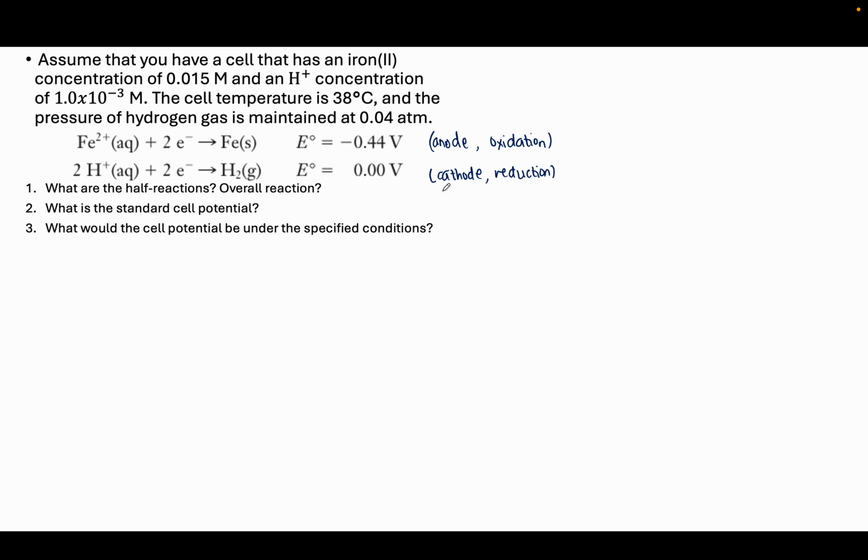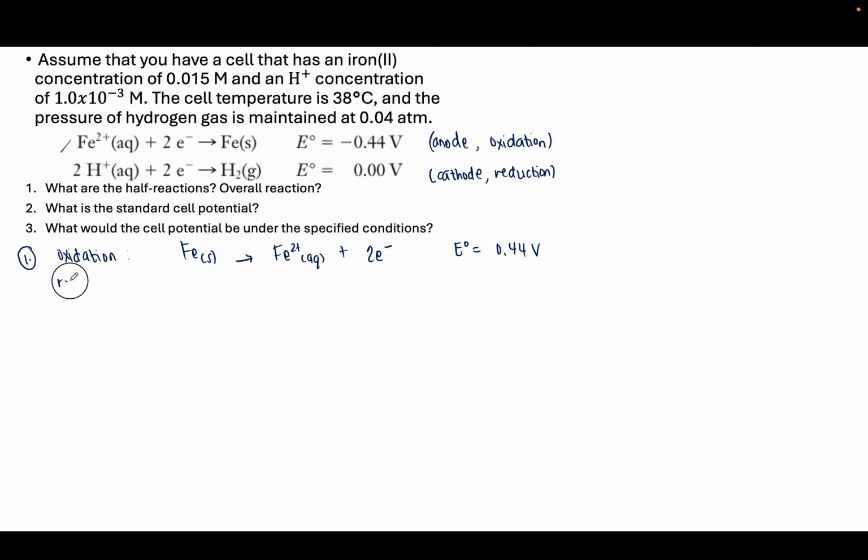So what will we do with this? We will flip. So for number 1, let's have your oxidation. This is iron solid forming iron 2 plus and 2 electrons, and our standard is now positive 0.44 volts.